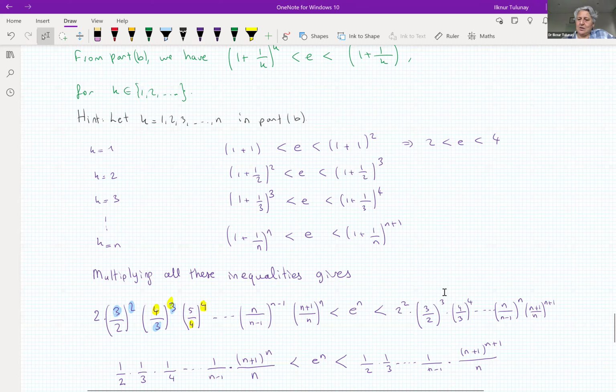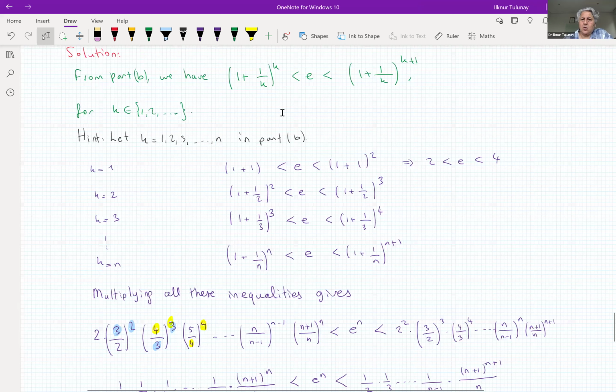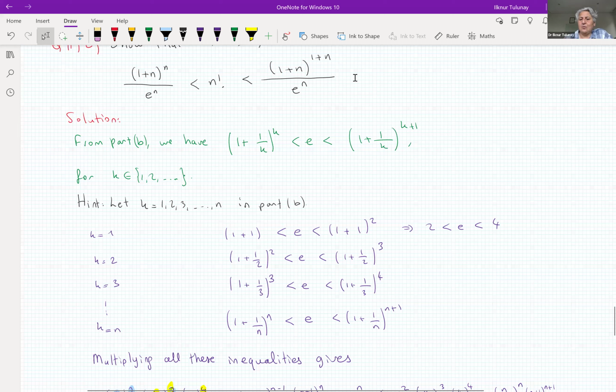The last one will be n plus 1 over n, and the power is n plus 1. The one before will be n over n minus 1, to the power n. Now I need to tidy this up and understand it, and find a way for this inequality to give me the inequality I want.